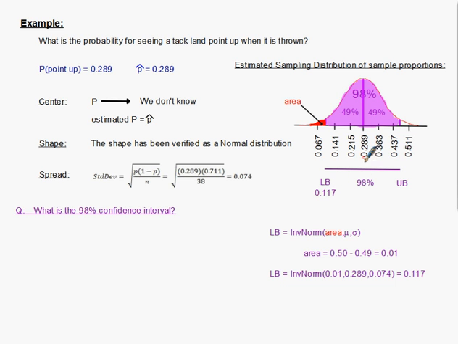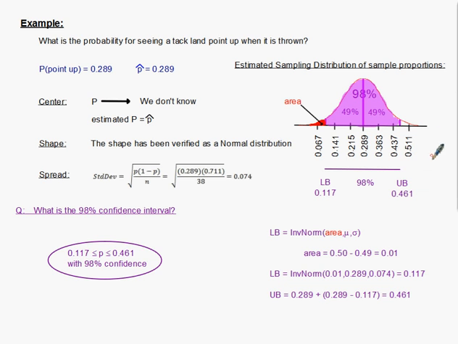Once we have our lower bound, this is symmetric. So this distance from the center to the lower bound is the same as center to the upper bound. So we can do a quick calculation like this. This is that difference that we're now adding to the center. And we have our upper bound. And now we can say what the confidence interval is.